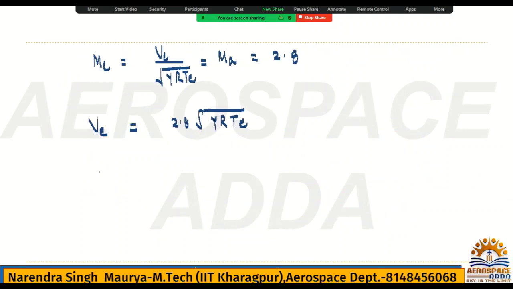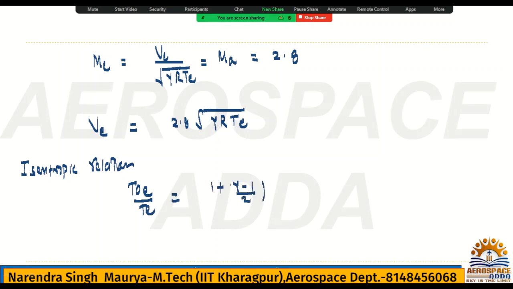Now, what is the relation? Isentropic relation, because ideal ramjet means you can apply isentropic relation. So, what is the isentropic relation for the exit? It is nothing but T0E by TE is equal to 1 plus gamma minus 1 by 2 ME square. All right. What is the TE?